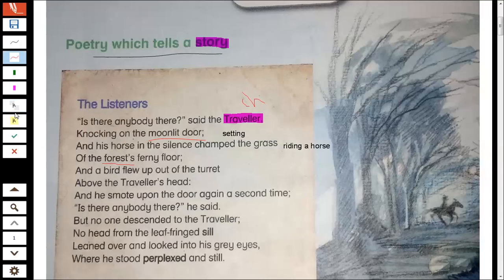He is in a forest. That's right. And what does this forest look like? If you check here, you'll find that it has a ferny floor. What is the meaning of ferny floor? Think of it, please. What is the meaning of the word ferny?